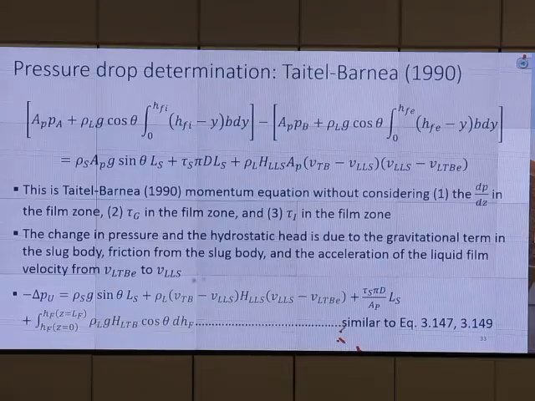I said it is similar to 147 and 149, not identical, but similar. You remember when we derived it, we neglected the tau I term and the dPdZ term in the film zone.